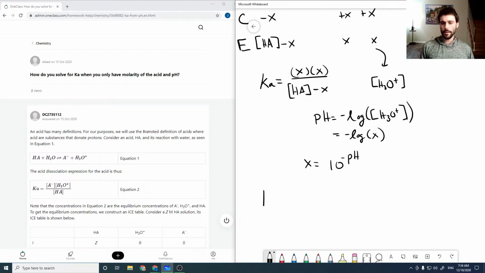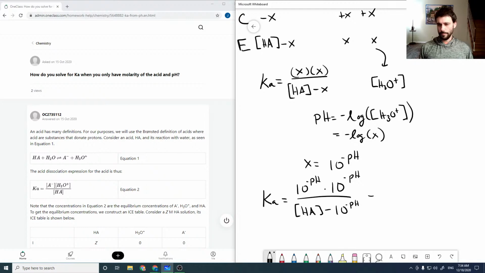Now putting this into our Ka, we can say that our Ka is 10 to the minus pH times 10 to the minus pH over our concentration of HA minus 10 to the minus pH. So this equation has our Ka in terms of purely just pH and our acid molarity.